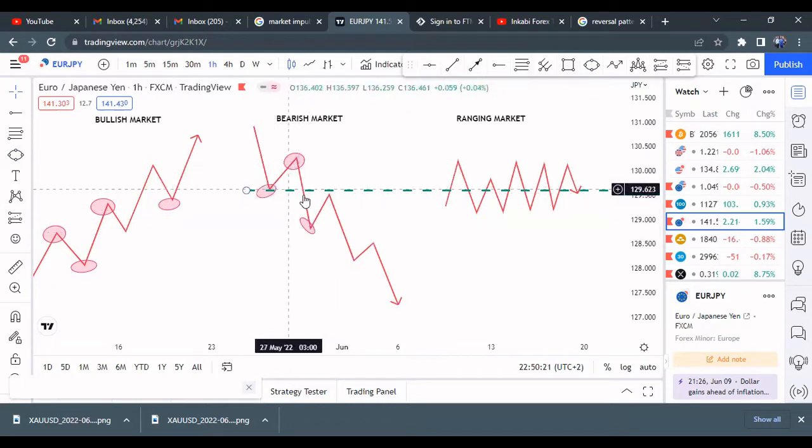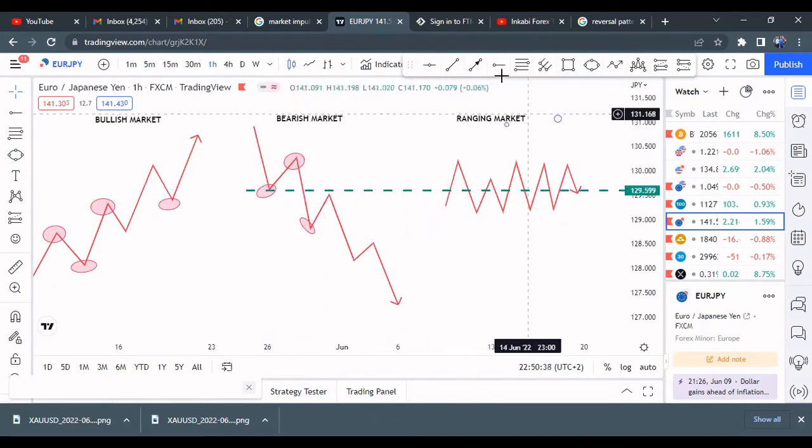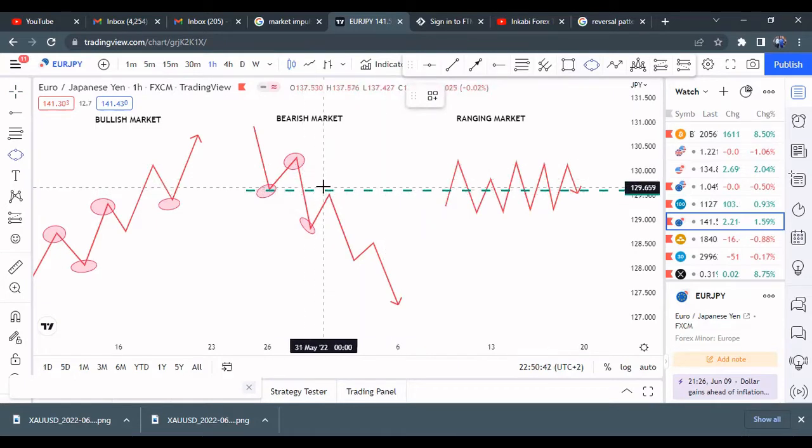So this area basically is our resistance, we break here, and then go down. As it goes down, the area is our resistance. So now our support has turned into a resistance.